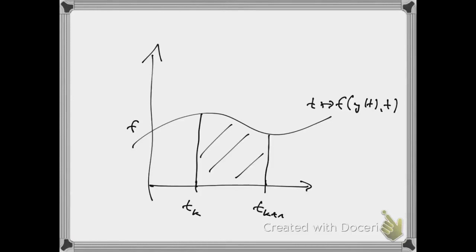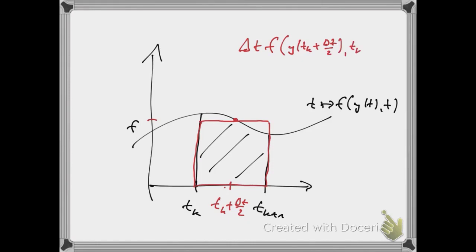As above, I want to approximate the integral of this function, and now the idea is I just take the point here in between, take the corresponding function value and approximate the integral by this rectangle. So I need the function value at this point, and take again then delta t times the function value at this point, which would be y of tk plus delta t half at the time tk plus delta t half.